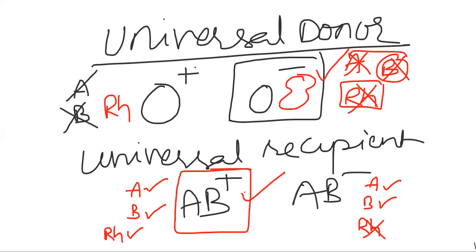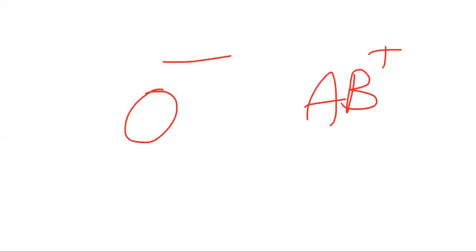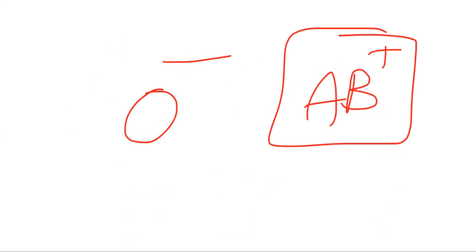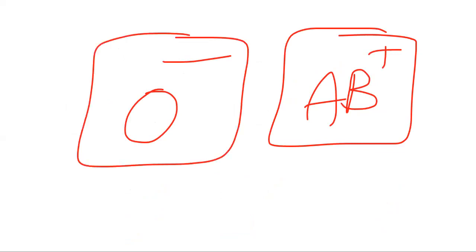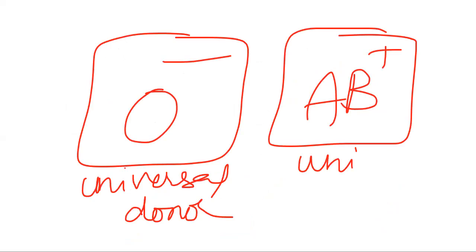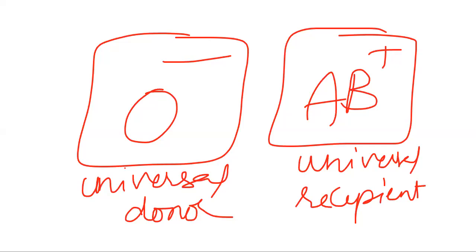That we have to remember. We declared O negative the best universal donor, and AB positive the universal recipient, which can take blood from all types of people. This is the final conclusion of blood group inheritance.